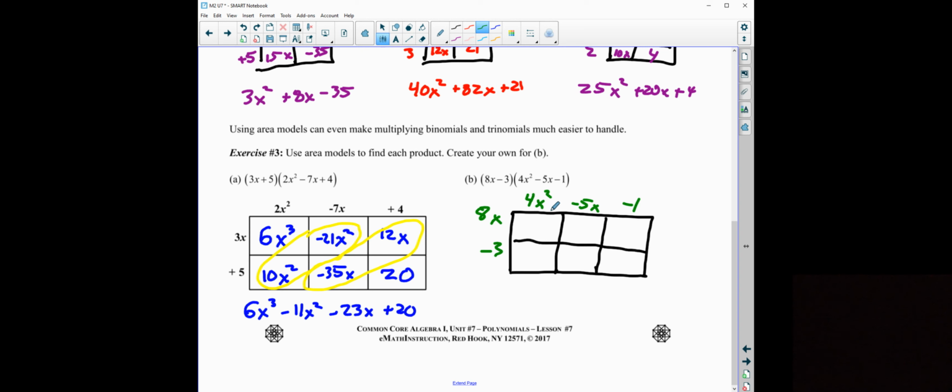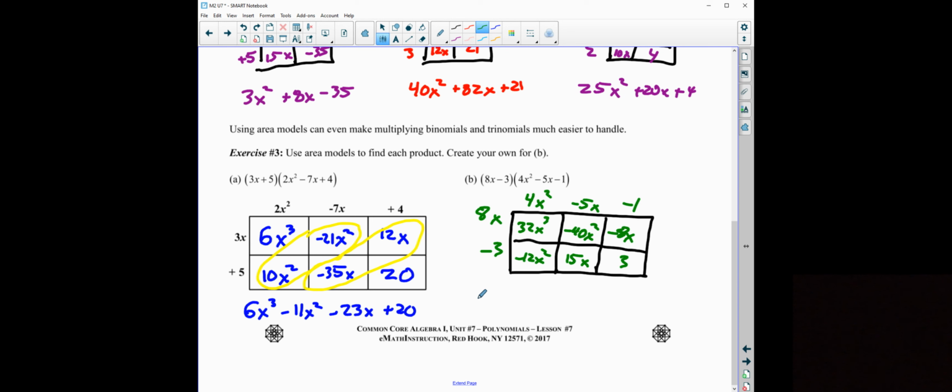Lots of negatives. We got to pay careful attention. I'm going to go right through this without wasting too much time. But if you have any questions, you can always pause and take a more detailed look at what I'm doing. I'm just going to go through this fairly quickly.